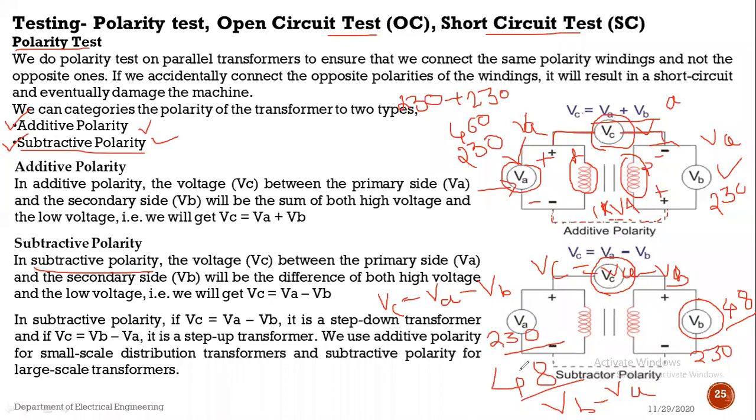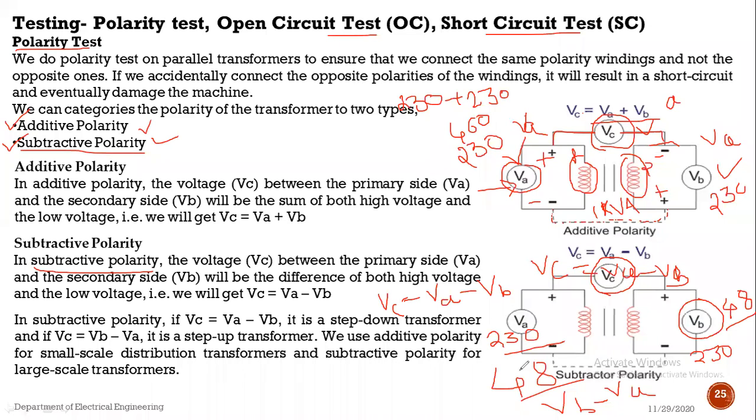Okay. And we use additive polarity for small scale distribution transformer and subtractive polarity for large scale transformer. आपण additive polarity use करतो for small scale distribution transformer.